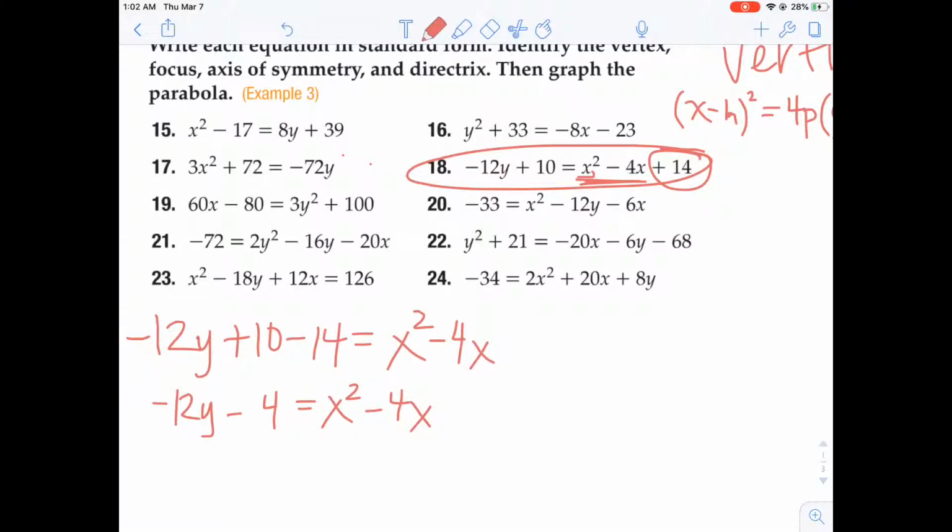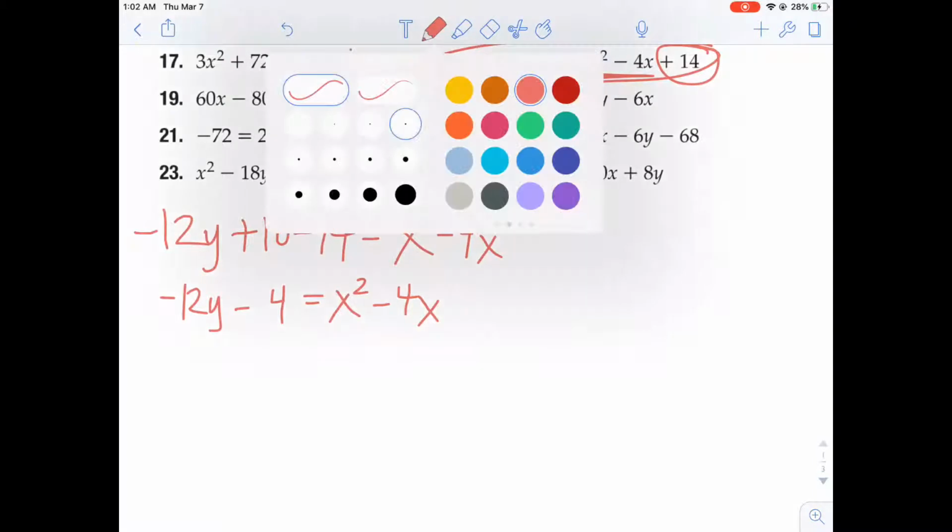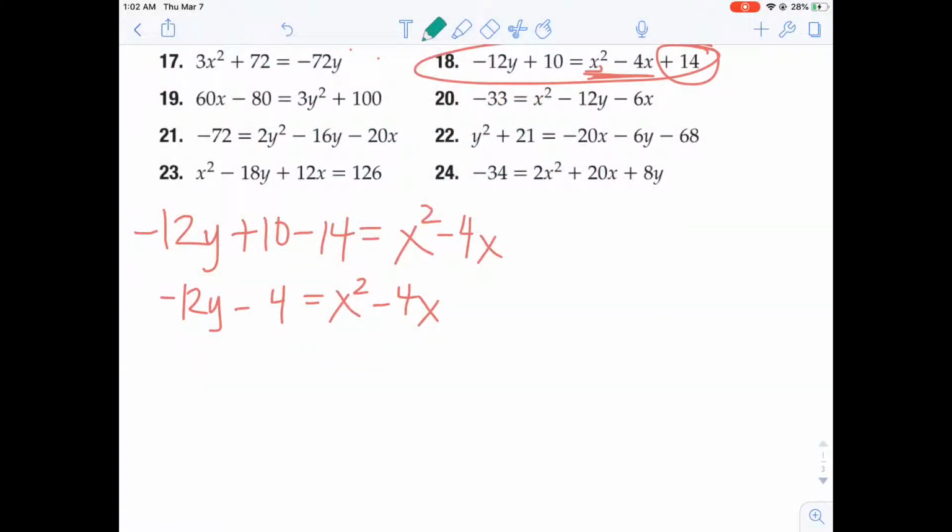We're going to need to work on both sides. We're going to start with the right hand side and complete the square. So looking to that term that's not being squared, we see that there's a 4 as the coefficient, so we're going to divide that by 2 and square it. This is called completing the square, and 4 divided by 2 is 2, 2 squared is 4.